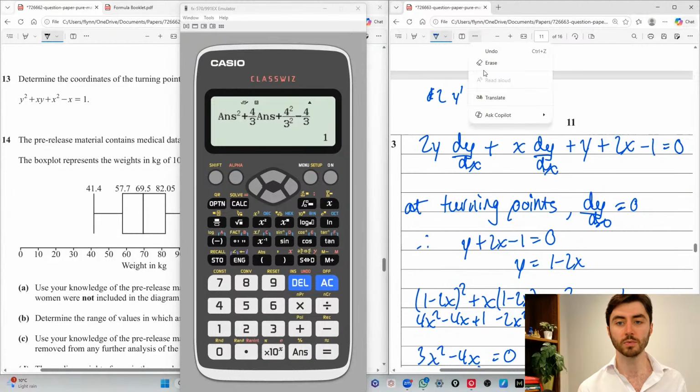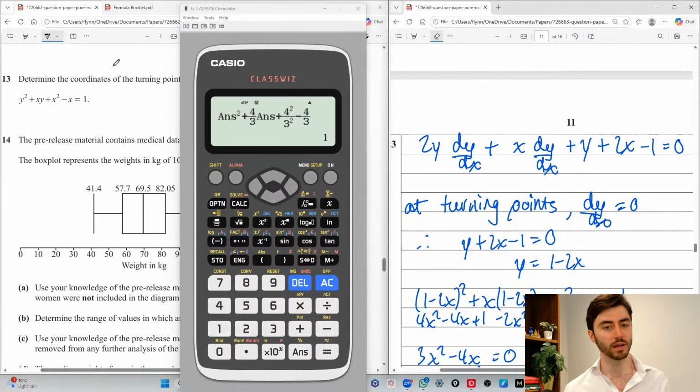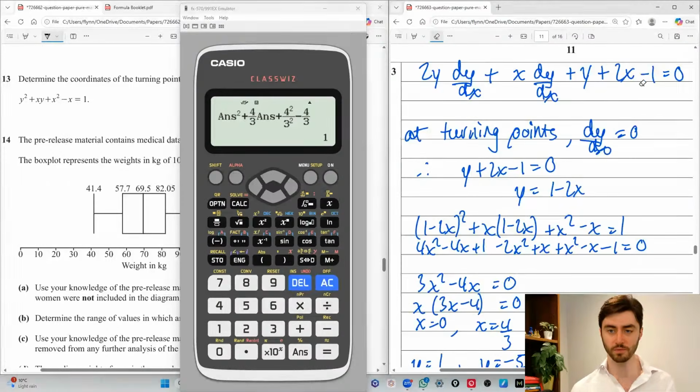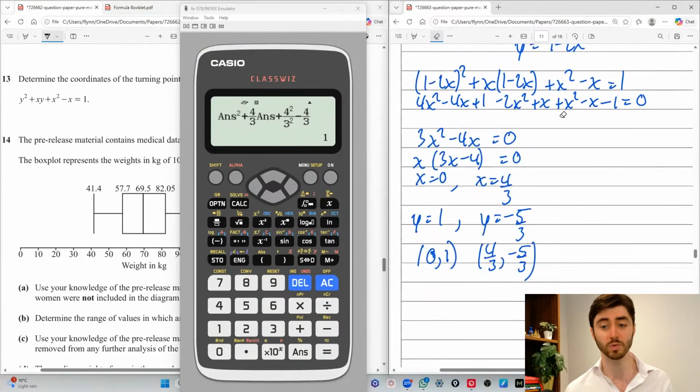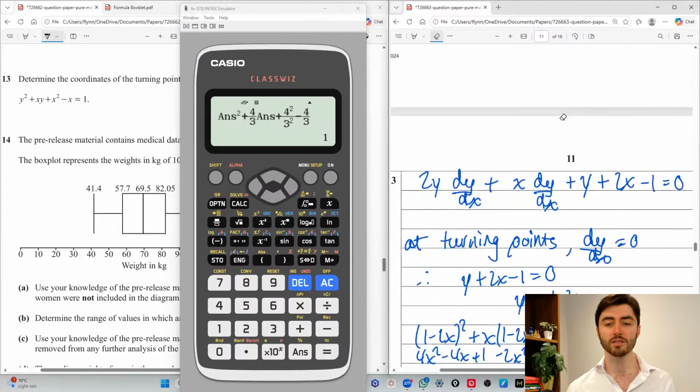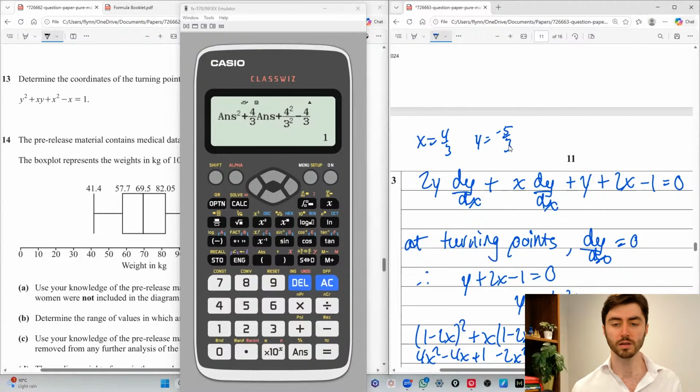Now, for the second one, it's going to be a little more complicated. But what I'm going to do is plug my answers back into this top line and confirm that dy dx would equal 0. So x is 4/3, y is minus 5/3.